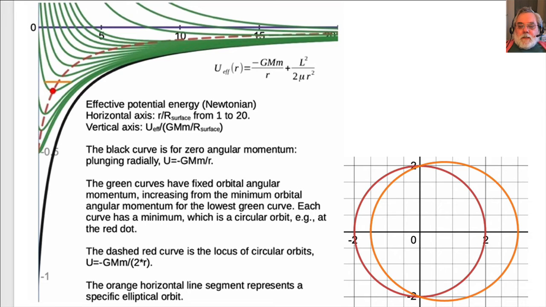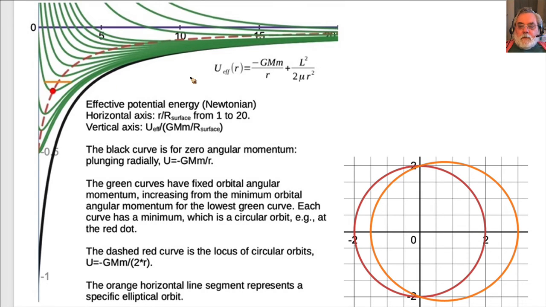The orange line segment intersects the green curve at 2 turning points. The left one is our min of the ellipse, and the right one is our max of the ellipse. Here is our min, here is our max, on opposite sides of the massive object, which is at the origin, which is the focus of the ellipse.